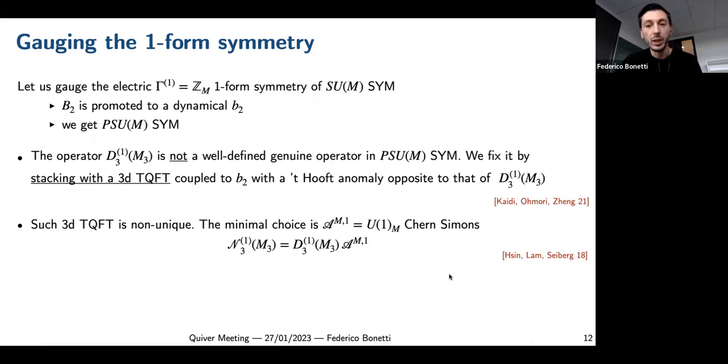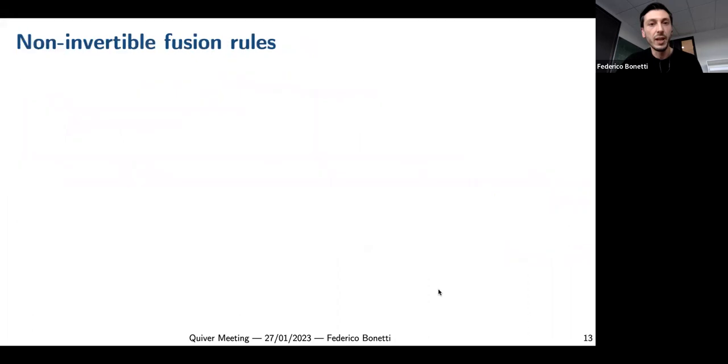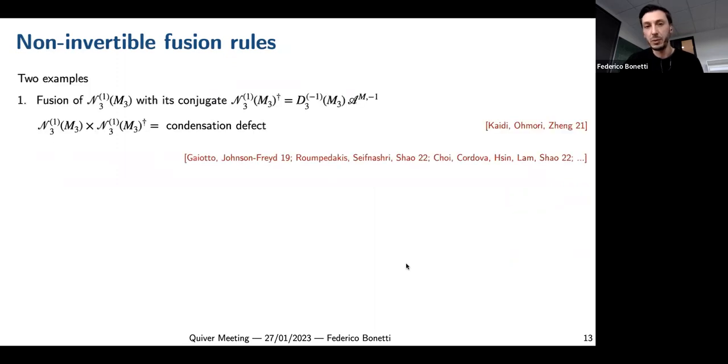Why is that? Well, one way to detect that there is something more interesting going on is to study the fusion of these new defects curly N with themselves or with their conjugate. One in principle could even do more. For instance, what happens if you fuse N with its conjugate, which is, as written here, its vanilla piece is just the same object that we had, but with opposite charge.